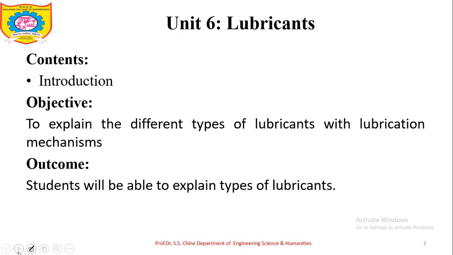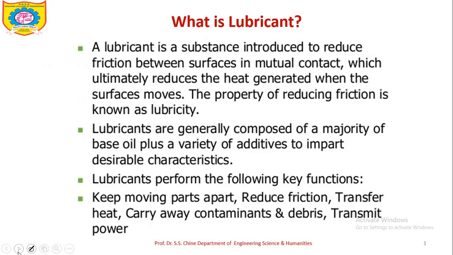At the end of this module, you will be able to discuss the types of lubricants and the mechanism of lubrication. So let me explain to you the meaning of lubricant. It is well known to all, as at our home also we are using oil.